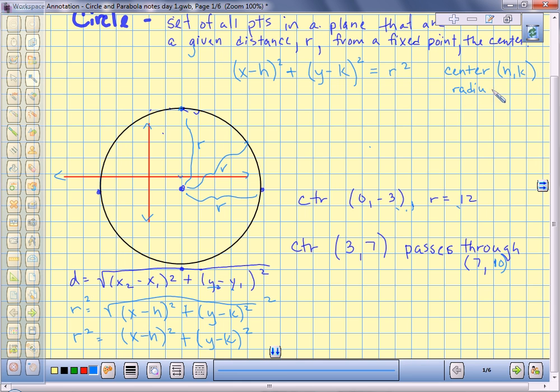Our center is h, k, our radius is r. So our center for this one is 2, -1. Thank you, -1. And what is the length of the radius? 5. So the equation for this one would be x minus 2 squared plus y plus 1 squared is equal to the radius squared, 25.